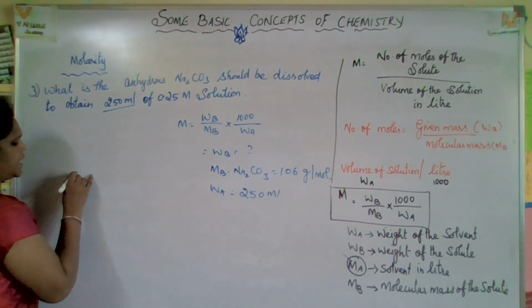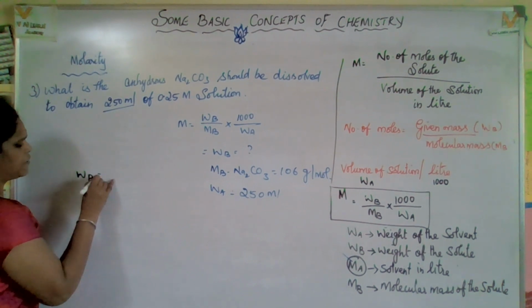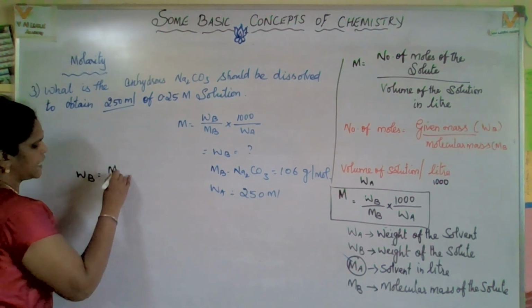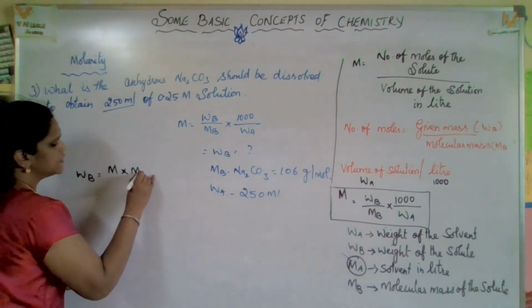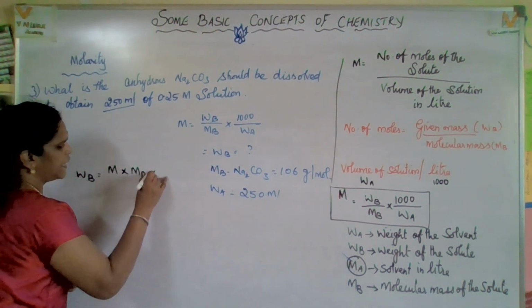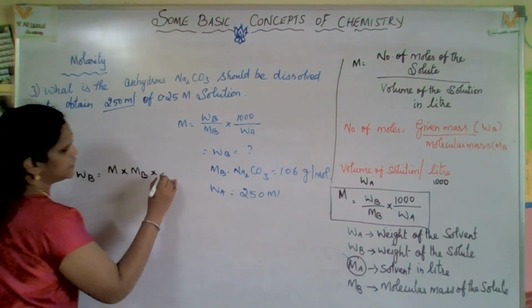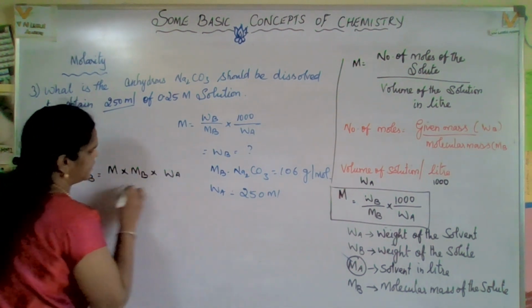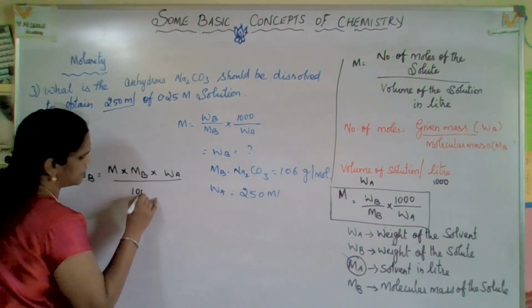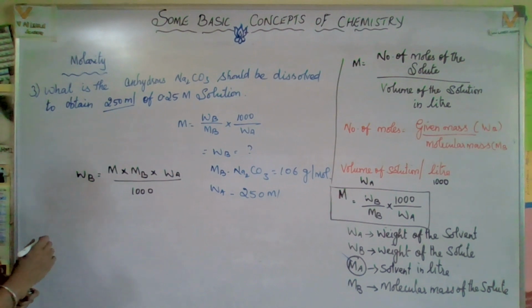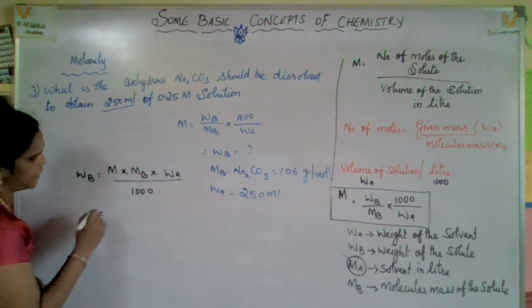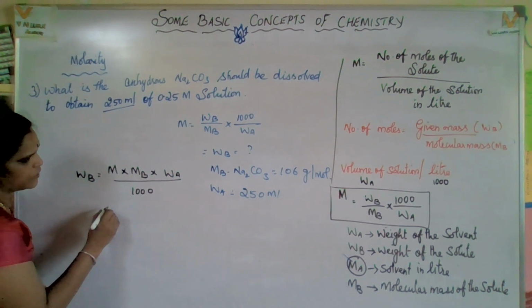Okay, so here WB only you have to find out. So in this, capital M into MB into volume WA divided by 1000. Okay, now by this time I think you can start your calculation.